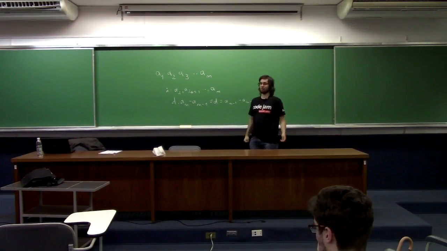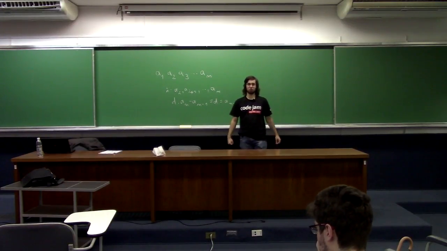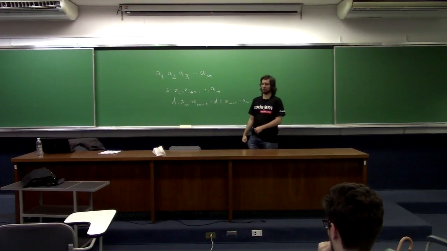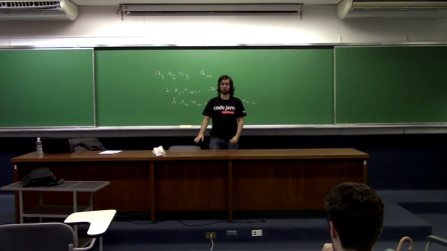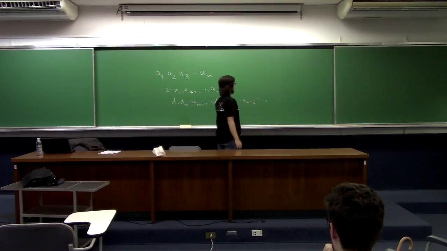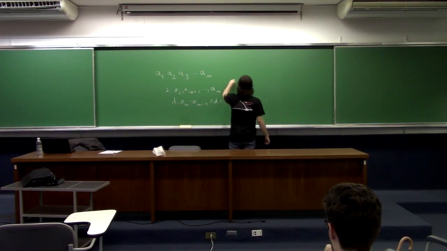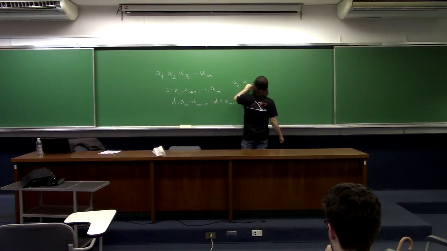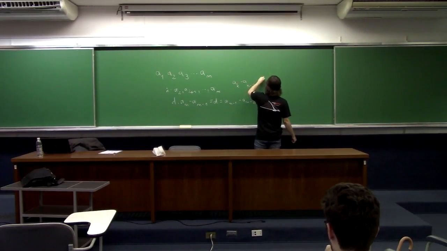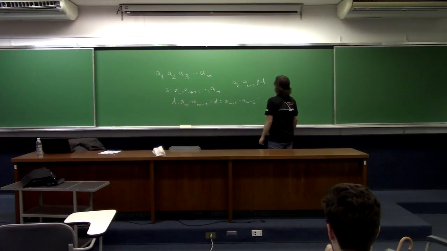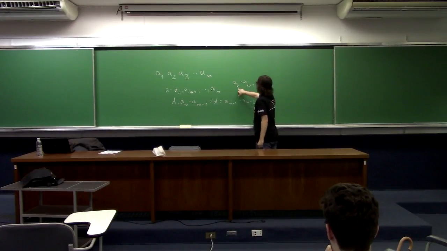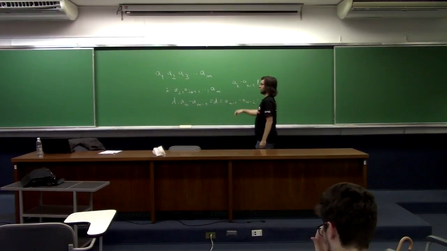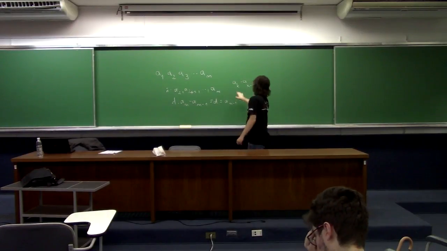So an minus 1 minus an minus 2 is equal to an minus 3 minus an minus 4 is equal to etc. And at some point, if we find out that some ak minus ak minus 1 is not equal to d, then the first element of that arithmetic sequence we wanted is k.